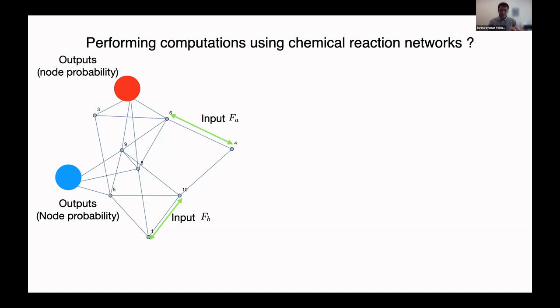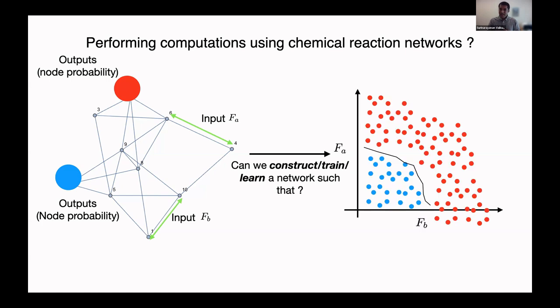What I want is to construct, or train, or learn a network, such that if FA and FB are very small, most of the probability gets shunted to blue. The steady state is such that the blue nodes have the highest weightage. And if you are in the other region, then a lot of the probability gets shunted to the red region. I've described that very schematically in a graph like this.